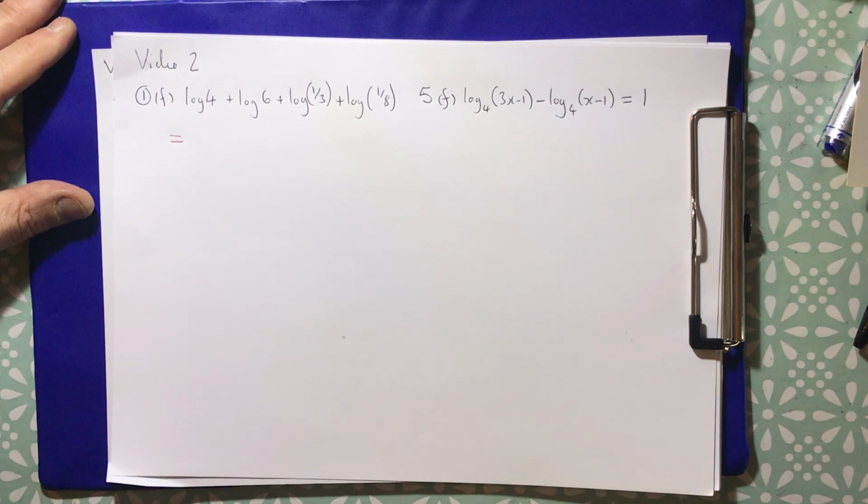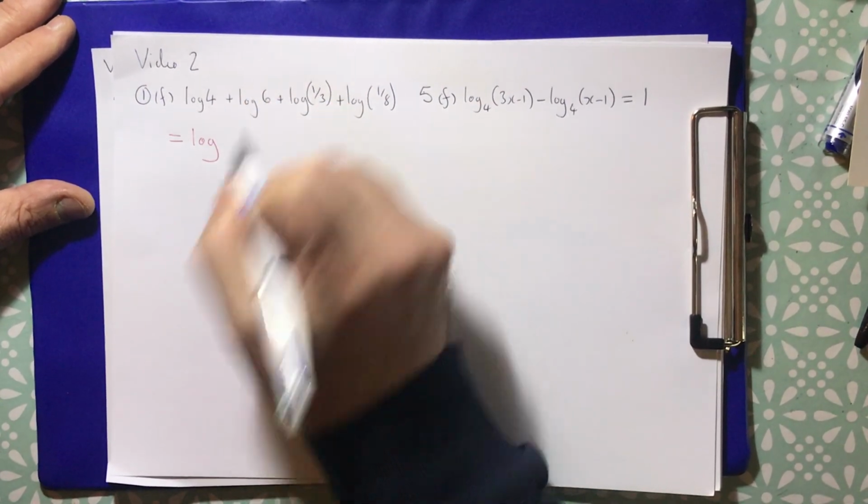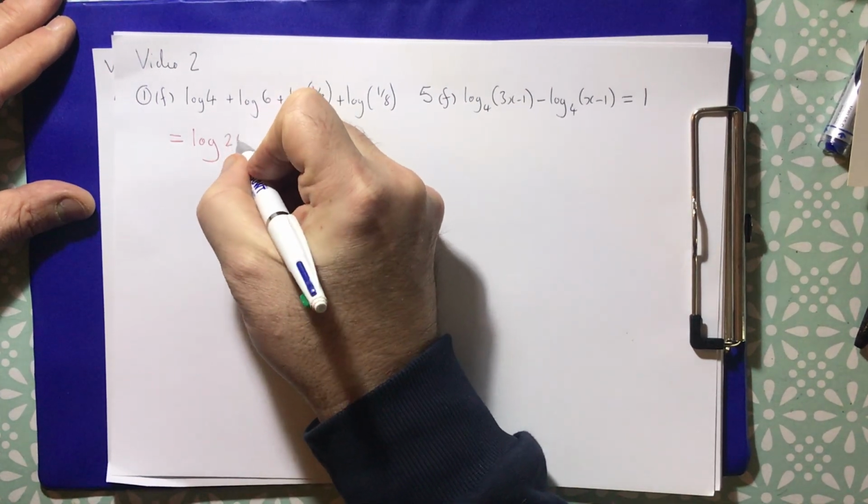When you multiply two terms, you add the indices. The opposite's true here with logs. When you add two logs, you multiply the inside of the logs. So it's the reverse of indices. So that is log of 4 times 6, which is 24.